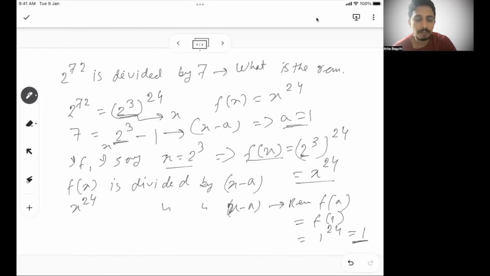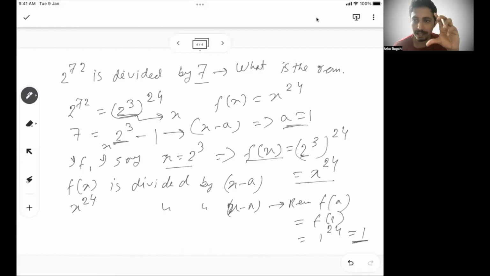So it's not that the number is given and you can't put it into the form of a polynomial; you can. What we have done: we have seen 7, which in x minus a format can be written as 8 minus 1, because 2 cube is a power of 2 and 3 is a factor of 72. So writing 7 as 2 cube minus 1 and 2 to the power 72 as 2 cube to the power 24, you are fixing your x as 2 cube.